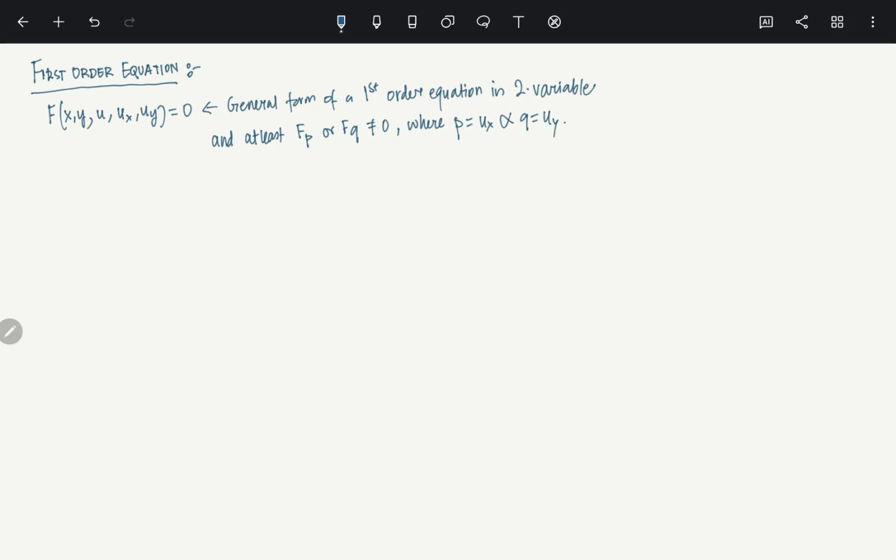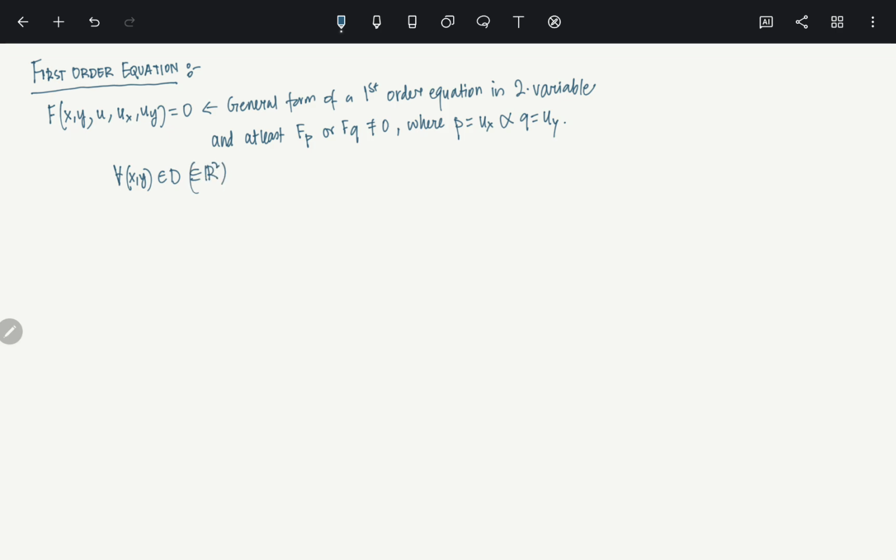So basically what I am saying is this: f with respect to this variable or with respect to this variable, either one of them has to be non-zero, so that it guarantees that this is going to be a first order equation. And of course this xy will be in some domain D, which will be part of R2. I hope this is clear.